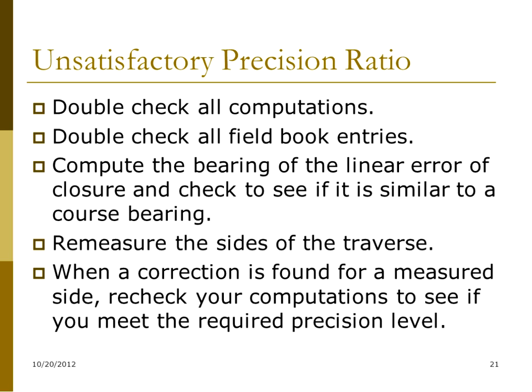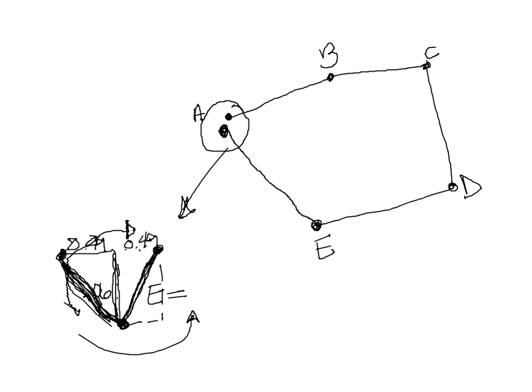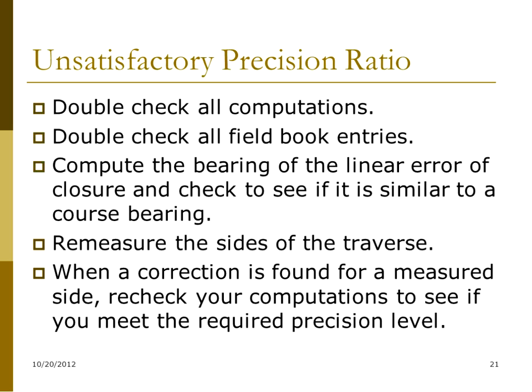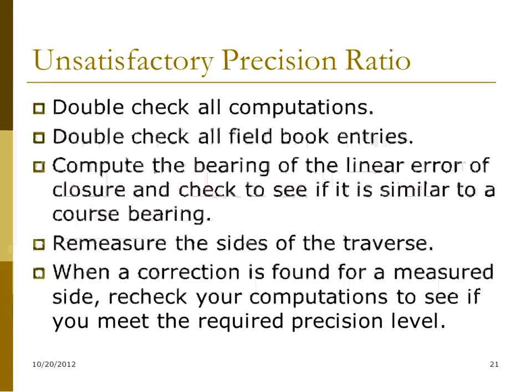Okay. If you have an unsatisfactory precision ratio, so you went through this whole process and you were told initially that your traverse needs to be good within 1 in 5,000 feet, and you calculated it out, and oh no, it's 1 in 4,200 feet, then you can start out, oops, too many slides.